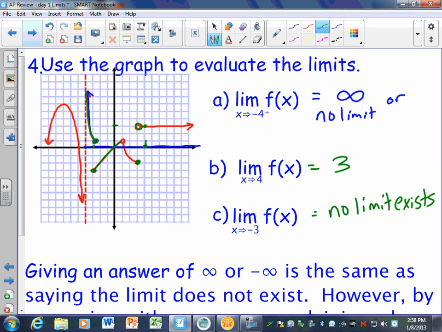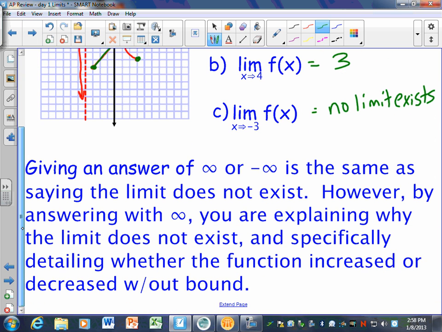For some reason, people forget a lot about limits, but they're not that terrible to do. It's just remembering the rules here. So I summarized this for you about when to give an answer of infinity or negative infinity. It's really the same as saying there is no limit, but when you're giving a one-sided limit, you're saying what's happening. Unlike part C, we can't say infinity there.